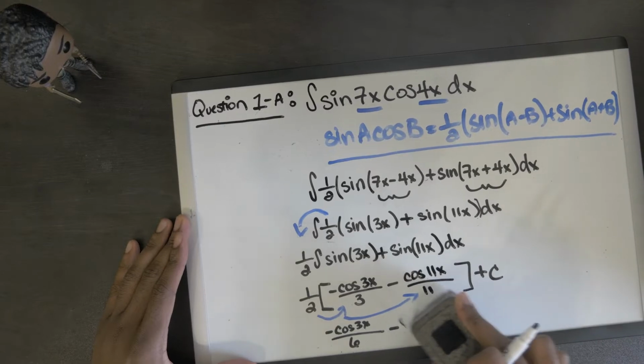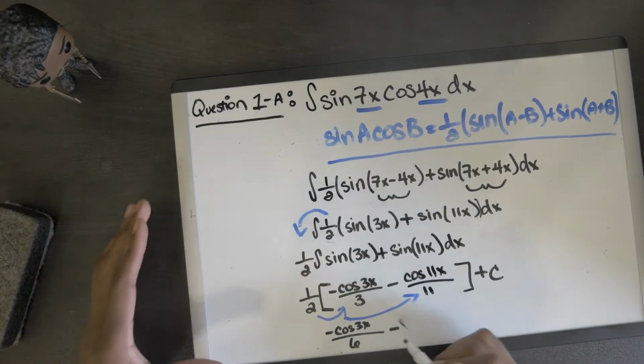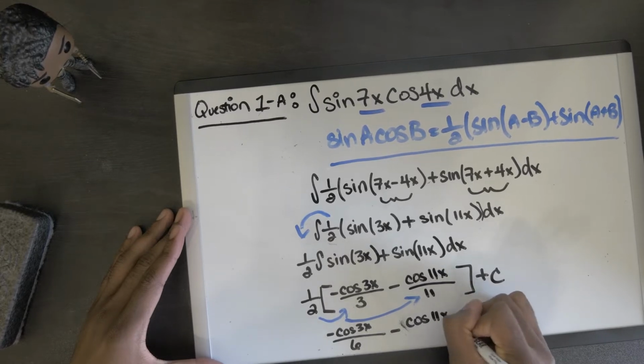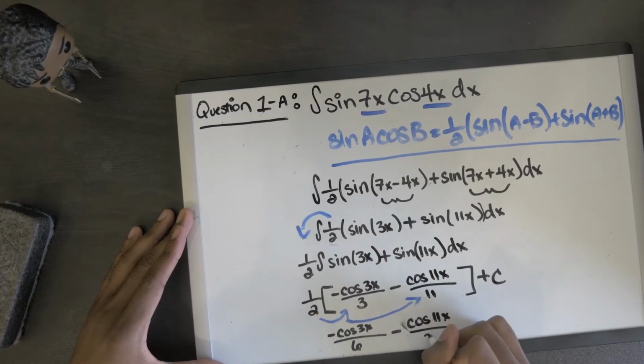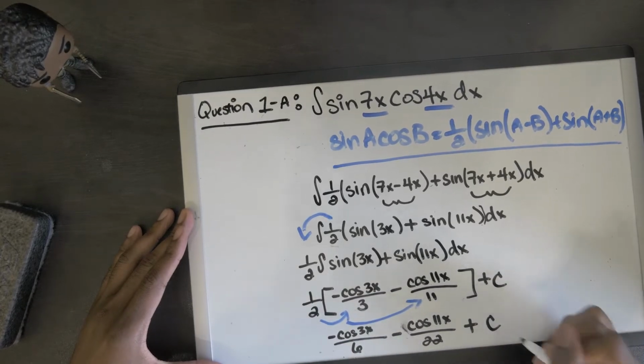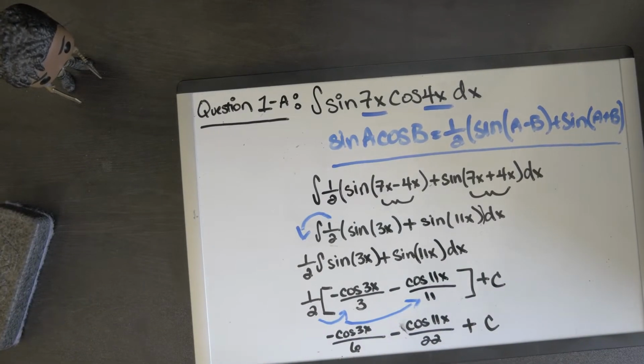We don't want that. So then we're going to do a minus cosine 11x over 22. Let's not forget the C, and then you are all done with that integral.